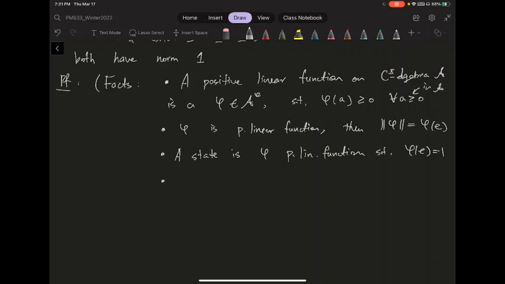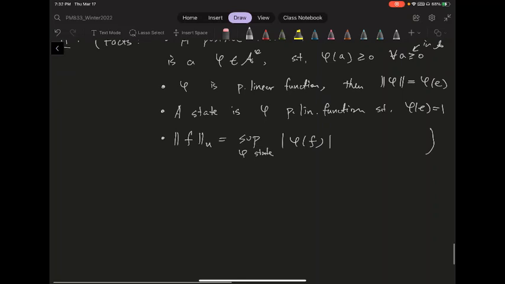For every f, the uniform norm is just the supremum over all these phi from the states of phi of f. So the uniform norm is bigger than all of these states. All right, these are just some facts about C-star algebras. I'm not going to prove any of them, so let's take them for granted.